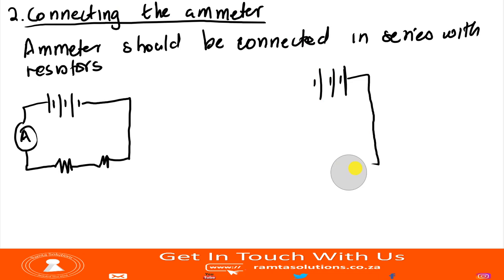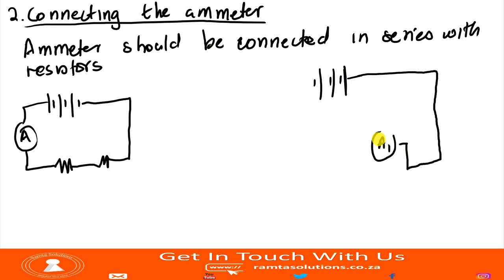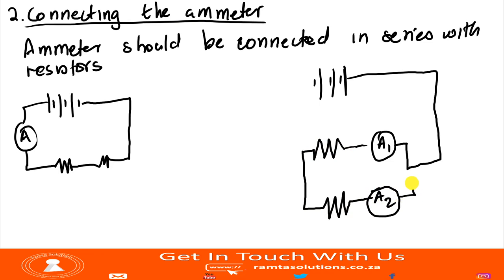So let's call this one ammeter A1, and then let's have our resistor here, and our resistor here. Let's call this one ammeter A2. As you can see, this current is flowing from this direction.